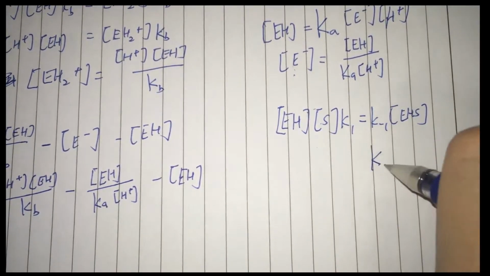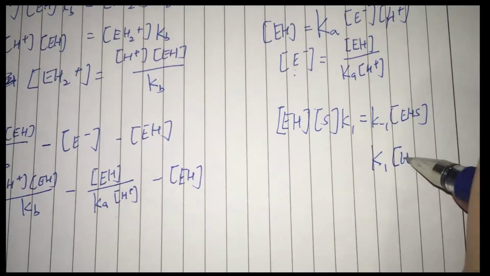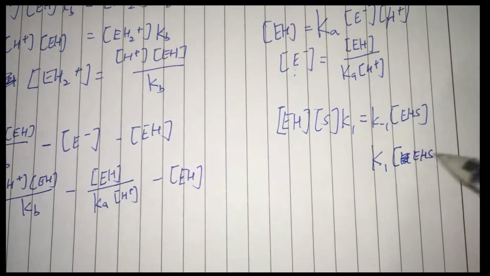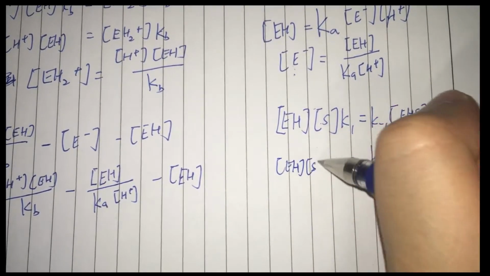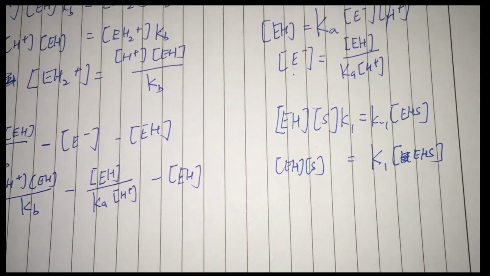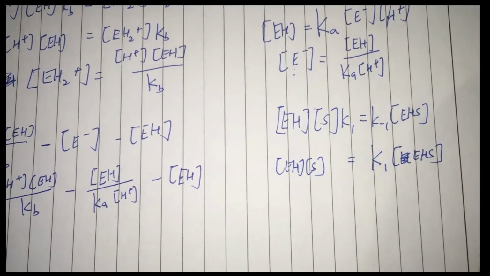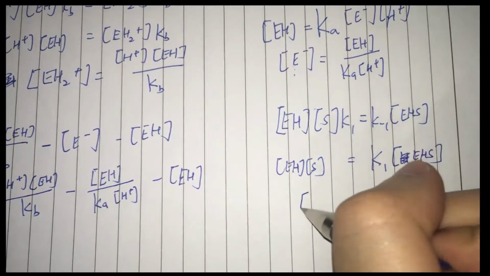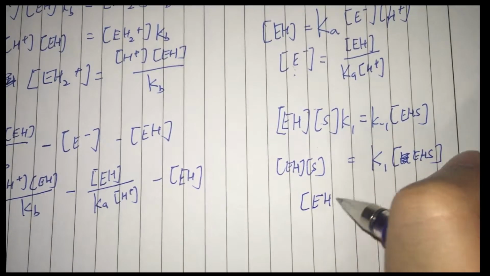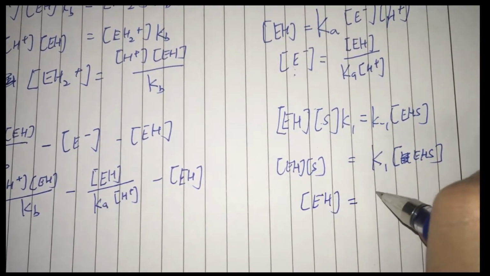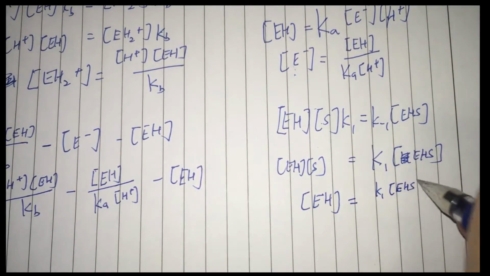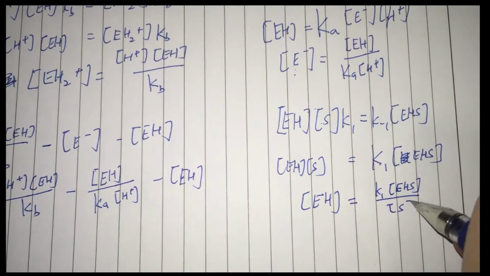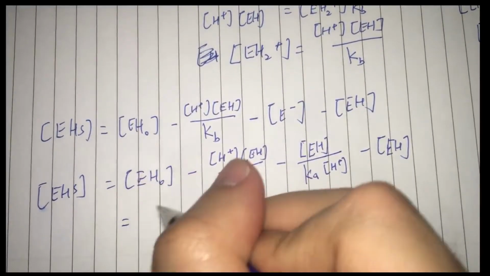So again, I'm going to have a big K1 on the right hand side, EH and into S. Then we want to make EH the subject. K1 EHS over S. Okay, so we have more or less what we need.